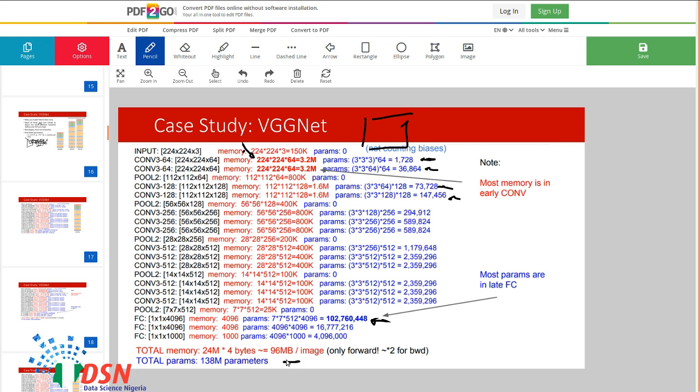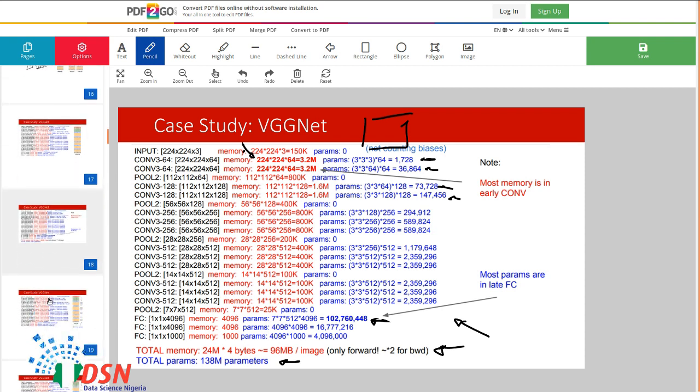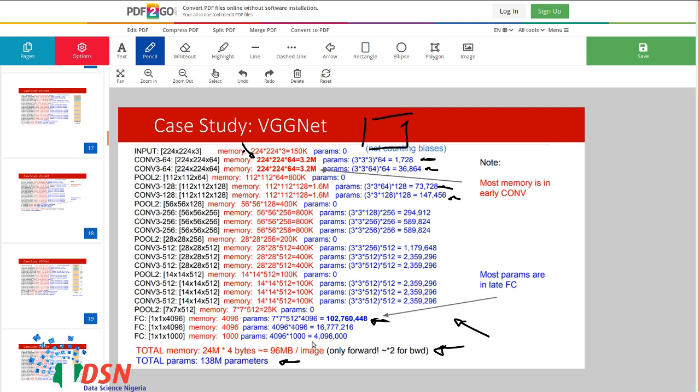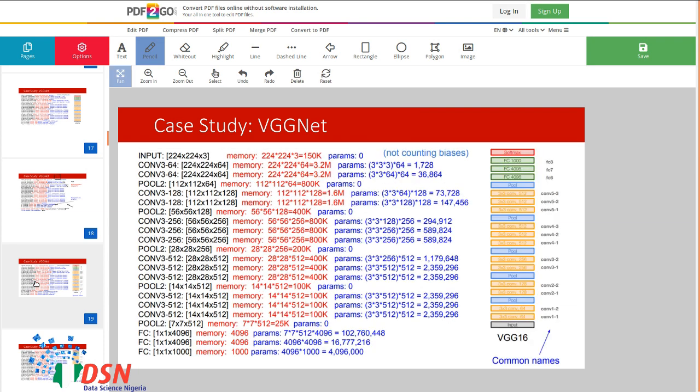And the total number of parameters in VGGNet is 138 million parameters, and it uses 96 megabytes for each image from GPU RAM to process the image, which is somewhat expensive. Okay.